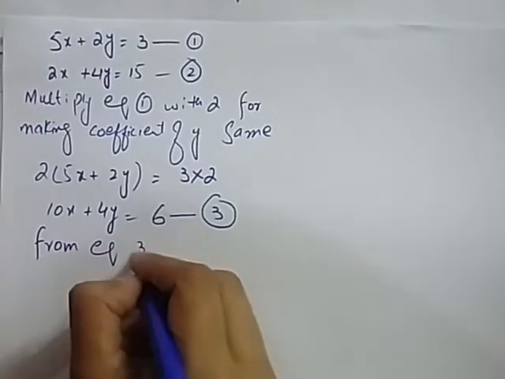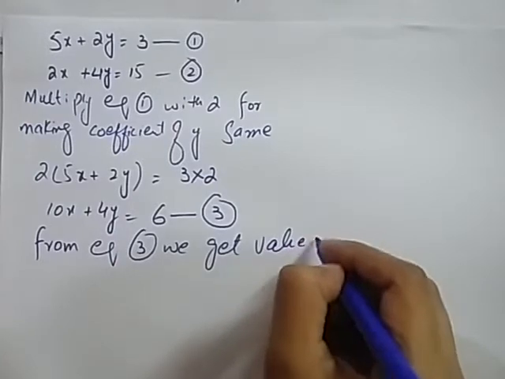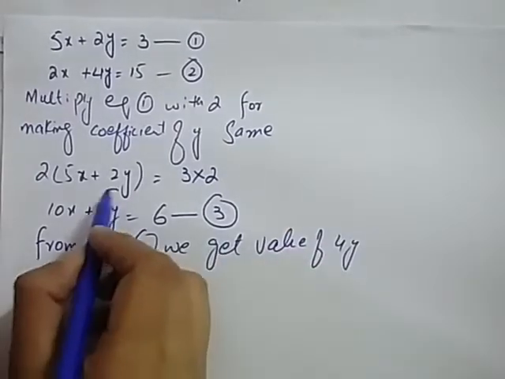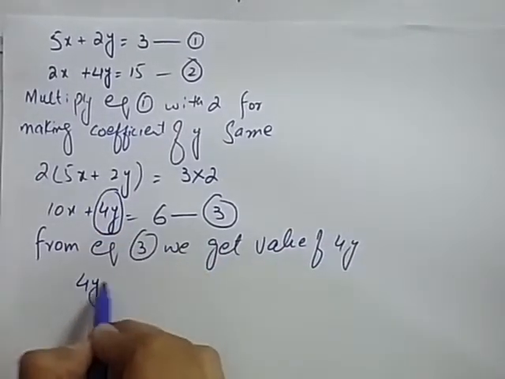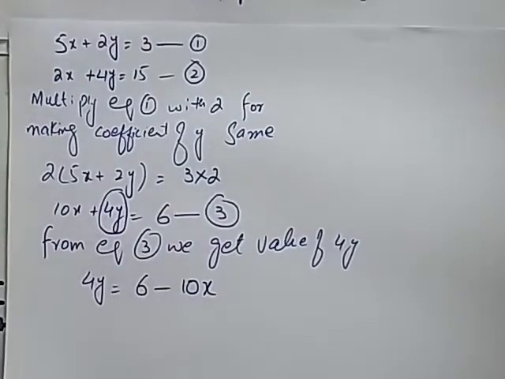So from equation 3 we get the value of 4y. 4y will remain here: 4y is equal to 6 minus 10x. Now remember why I did so.